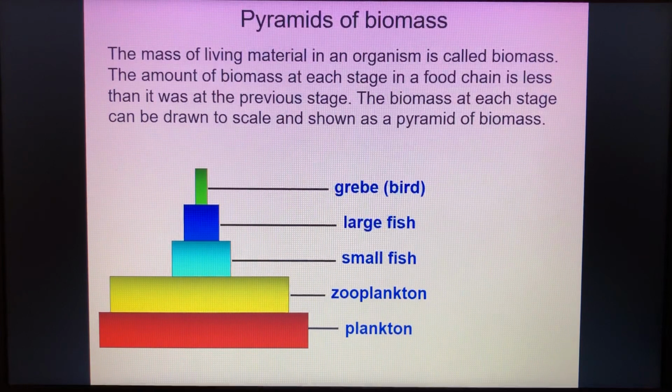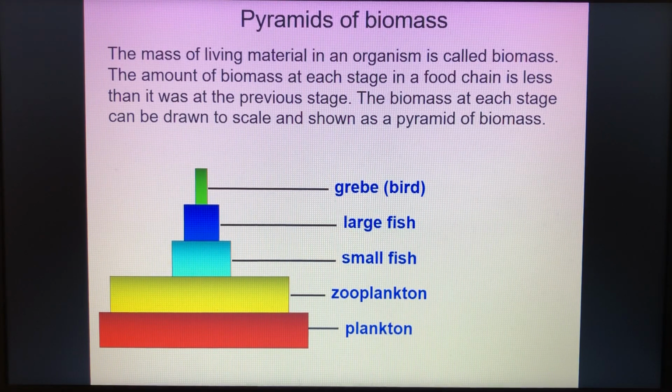So this is an example of a pyramid of biomass, and we can see it follows the route of a food chain, starting with plankton, the plankton being eaten by the zooplankton, zooplankton being eaten by the small fish, large fish eating the small fish, and the grebe, which is a bird, eating the large fish.